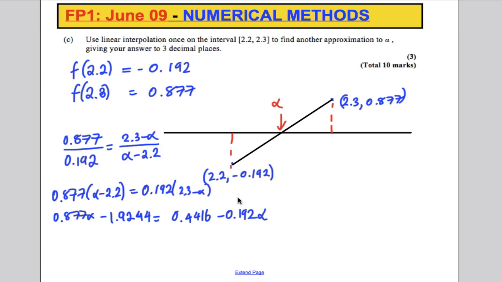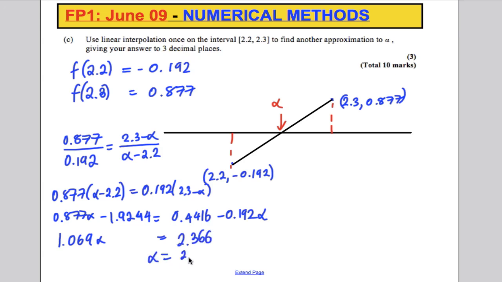Add this to both sides, you get 0.877 plus 0.192. You would get yourself 1.069 alpha would therefore be equal to 0.4416 plus 1.9294. You would get yourself 2.366.